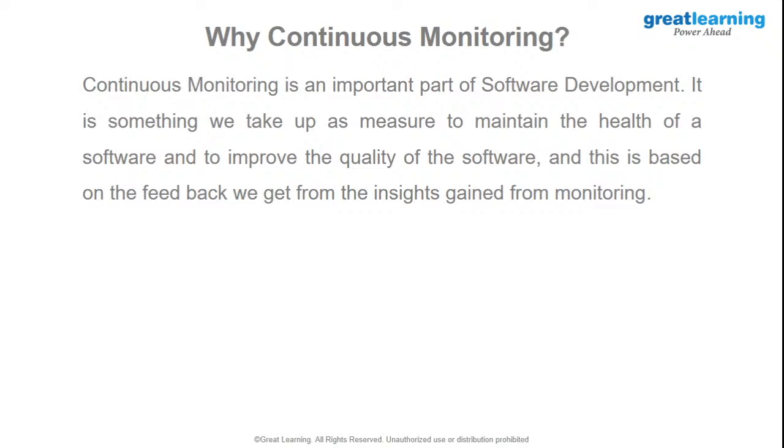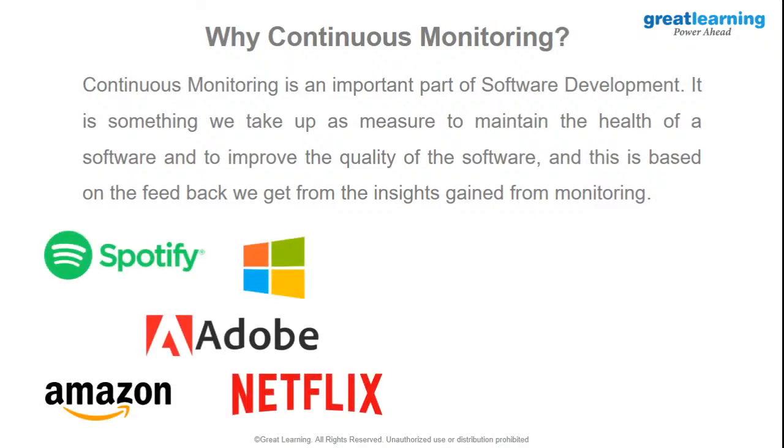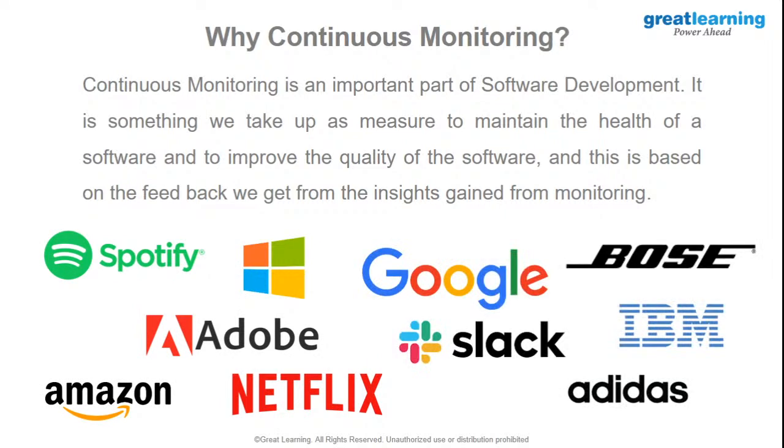So continuous monitoring, right? Again, this is a measure we take up to maintain a software's quality and health. Now a lot of companies do this. You have companies like Spotify, Windows, Adobe, Amazon, Netflix, Google, SAP, Bose, IBM, and Adidas. These are very few to list over here.